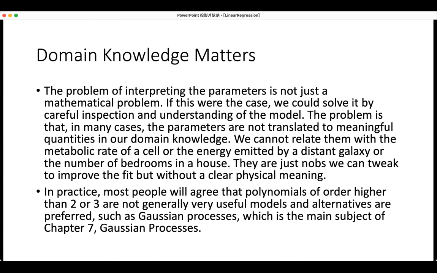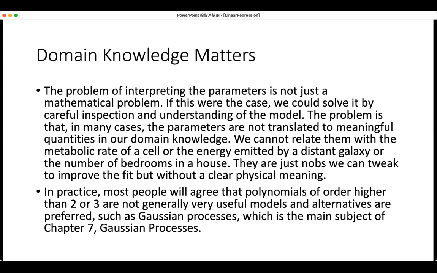All these are meaningful explanations for certain parameters, but they cannot be used to explain the models. As the model becomes more complicated, that may become an issue. They are just knobs we can tweak to improve the fit, but without a clear physical meaning. So this beta 1, beta 2, we can tweak, but they may not have a clear physical meaning.